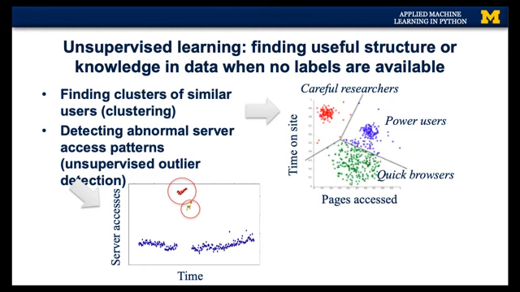Some may be power users who quickly make decisions, and some may be careful researchers. And these three different types of users are not labeled before, but after their interaction with the website, we are able to determine what types of users are basically visiting our website.